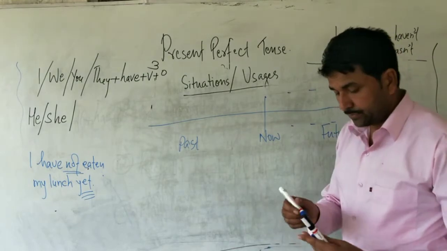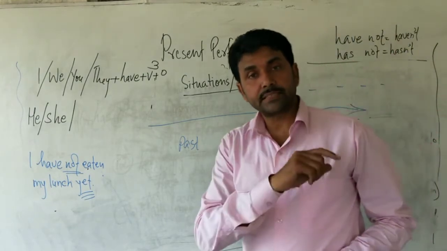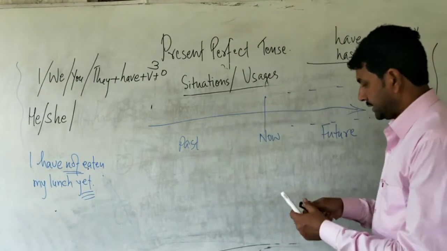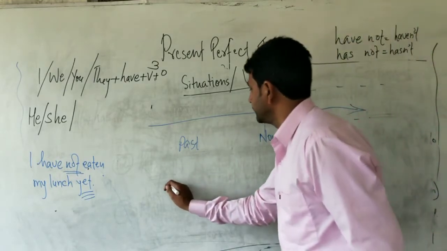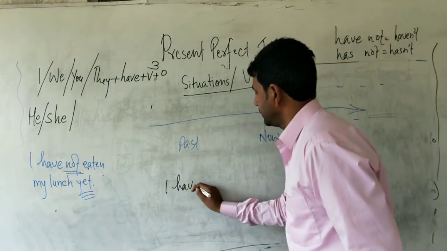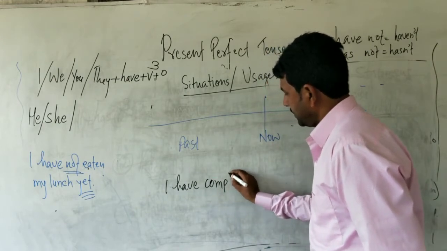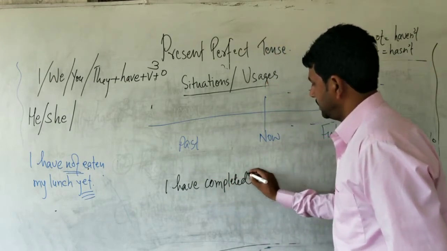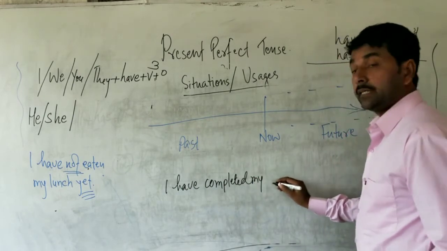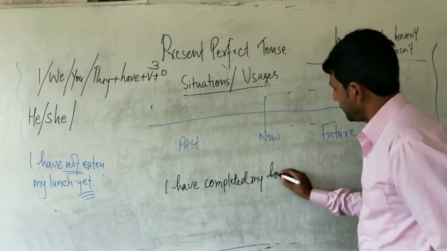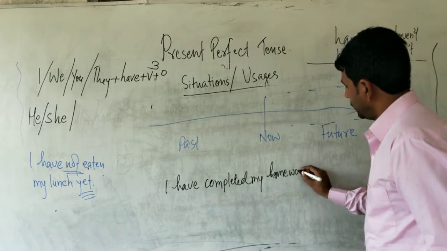If you take any example of our past sentences, you can say, for example, I have done or completed my homework.